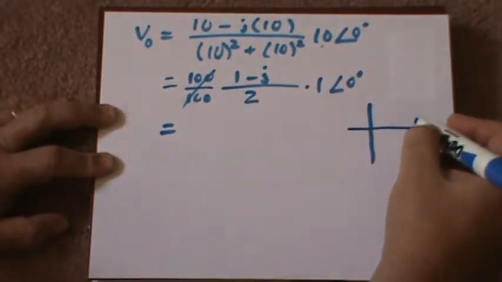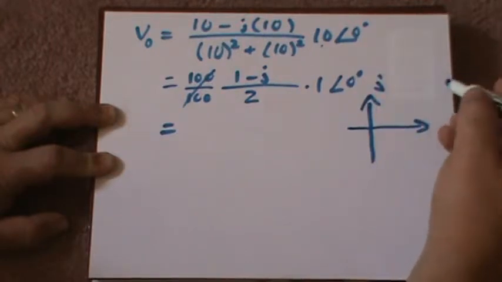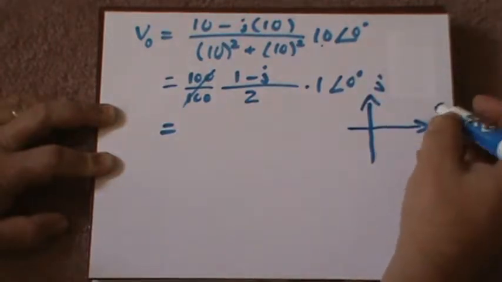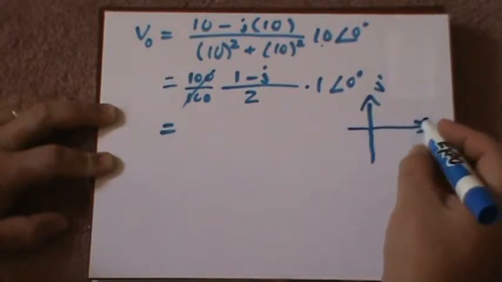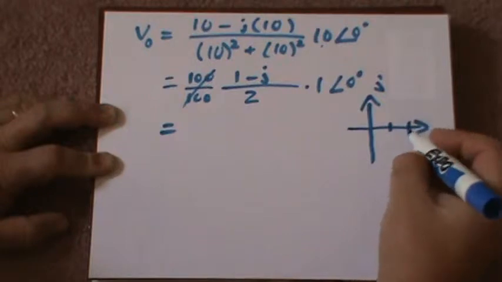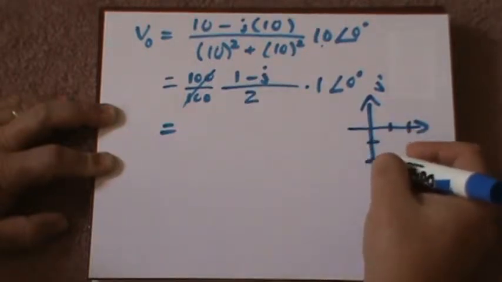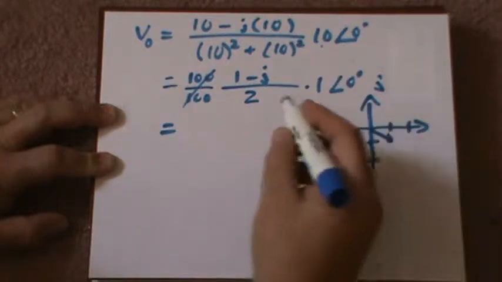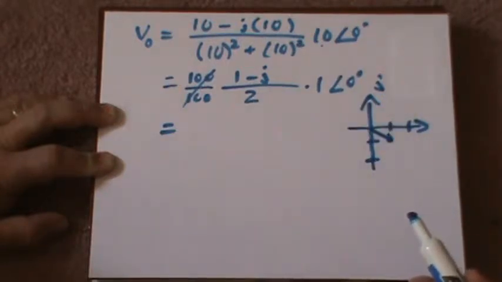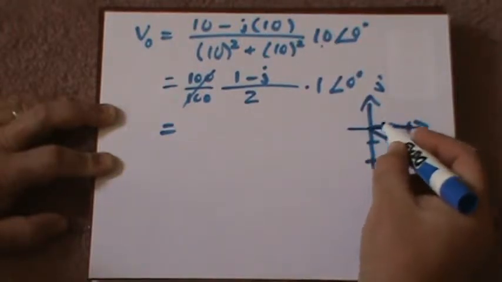So if we treat this way, here's j. So j is the imaginary axis, and this is my real axis. So I go over 1/2, and then down 1/2. So that's this phasor. And I'm multiplying that by a 1 angle 0.